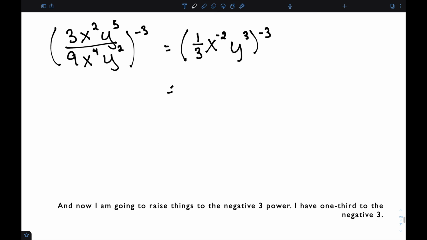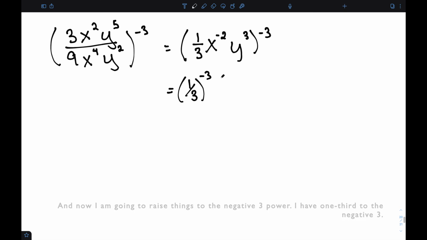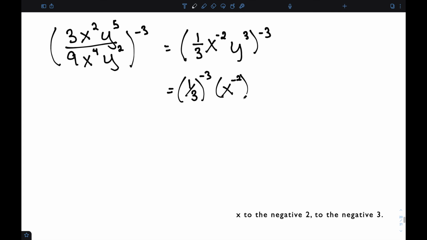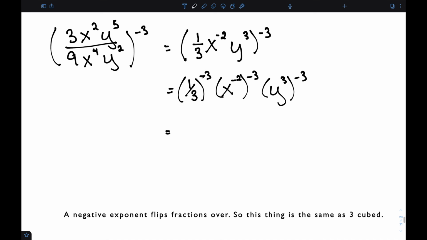And now I'm going to raise things to the negative 3 power. So I have 1/3 to the negative 3, x to the negative 2 to the negative 3, and y cubed to the negative 3. A negative exponent flips fractions over, so this thing is the same as 3 cubed.